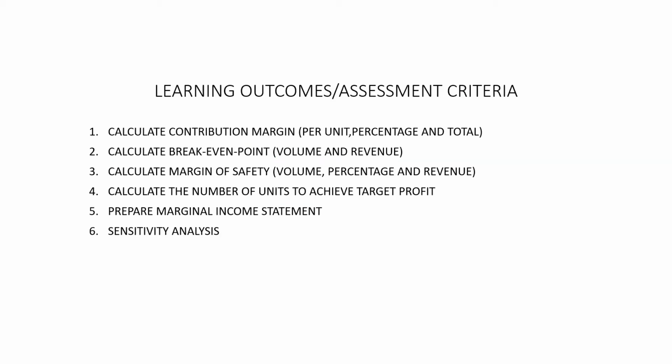So this is the main focus of chapter 7 in our book. We must be able to learn how to calculate contribution margin per unit, percentage, or in total. That's requirement number 1.